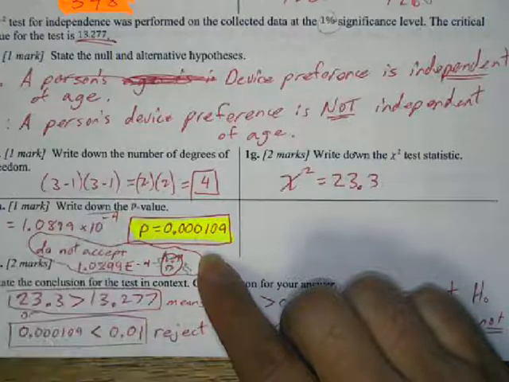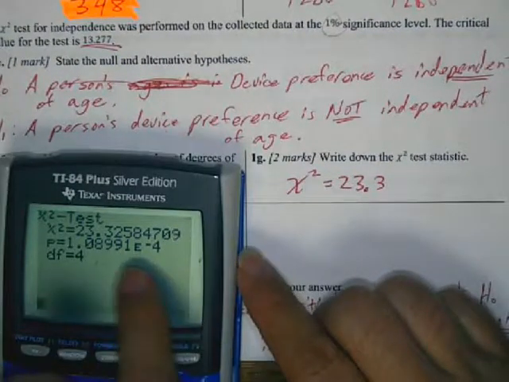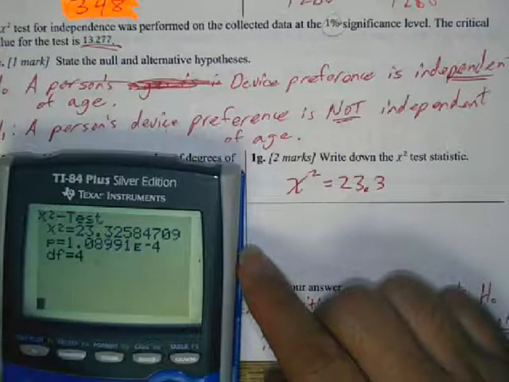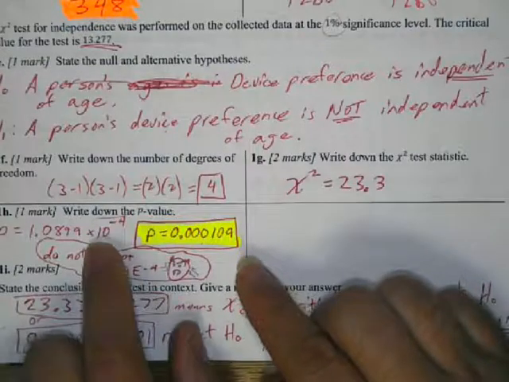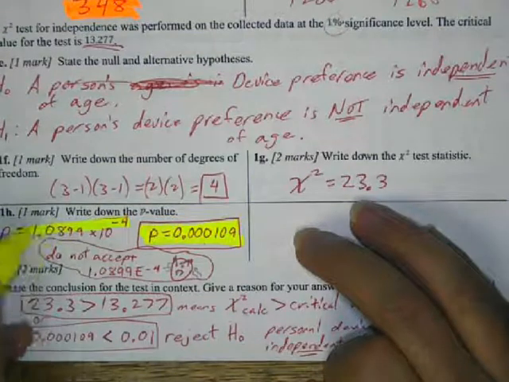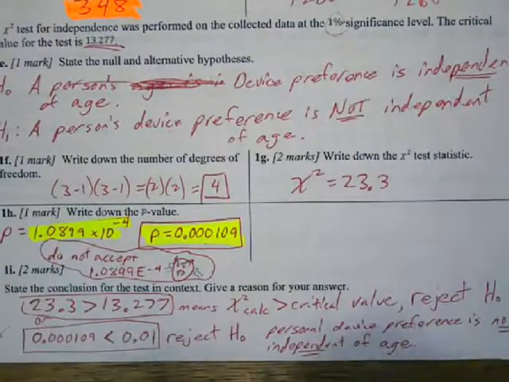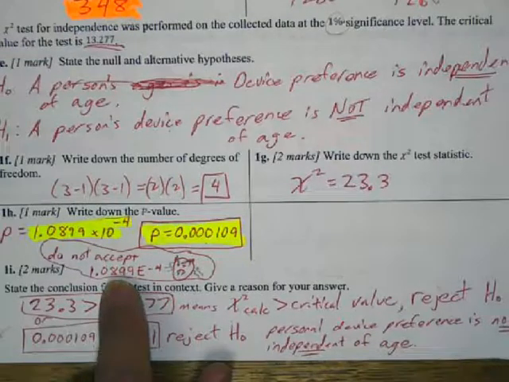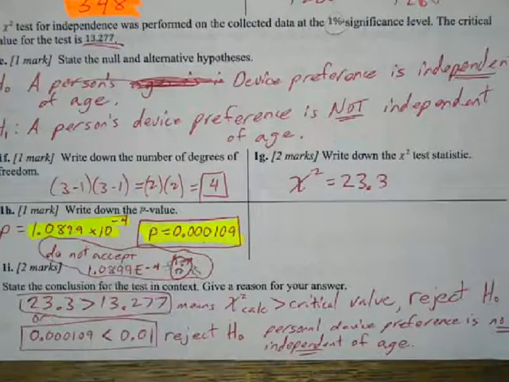The calculator doesn't write 10 to the negative 4 for whatever reason. So I will accept either of these answers, but I will not accept this answer.